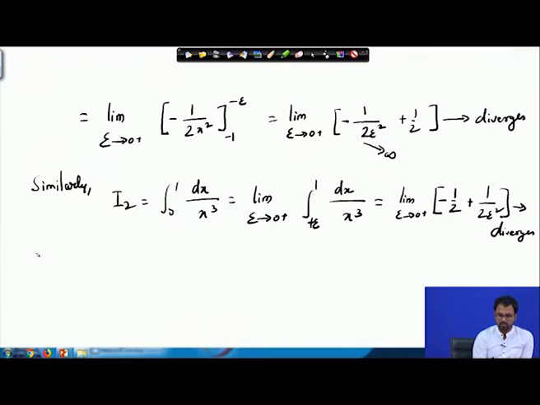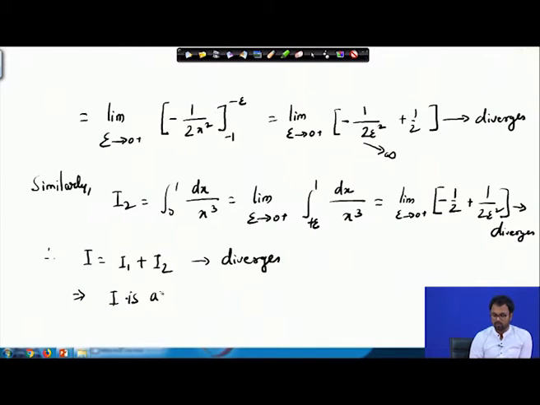So that means therefore our I equals I1 plus I2, they are both divergent, and this implies that our integral I is altogether divergent, or it does not exist. All right.